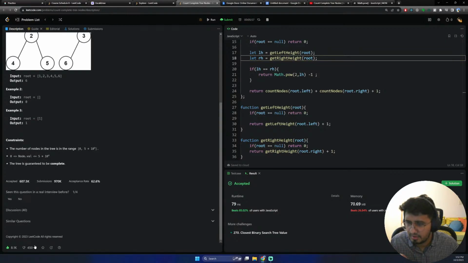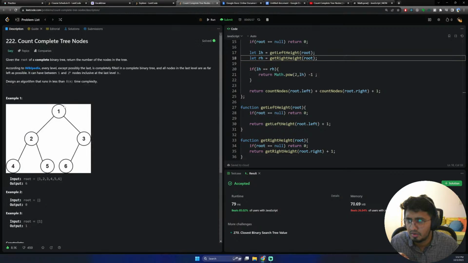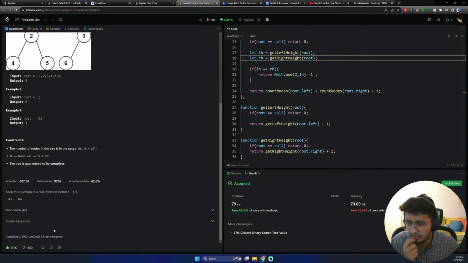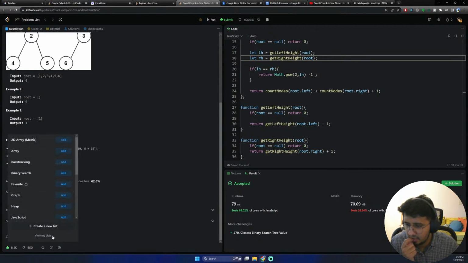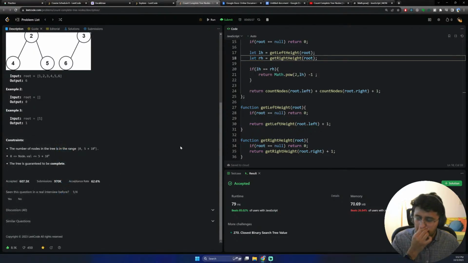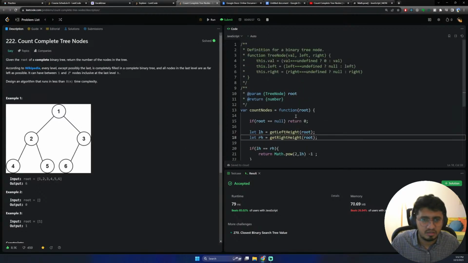We need to also like this. Why did they shift the like button down? I don't get this. It should be here itself. Star market and add this to the tree, right? Yeah, pretty interesting question. Okay, cool.